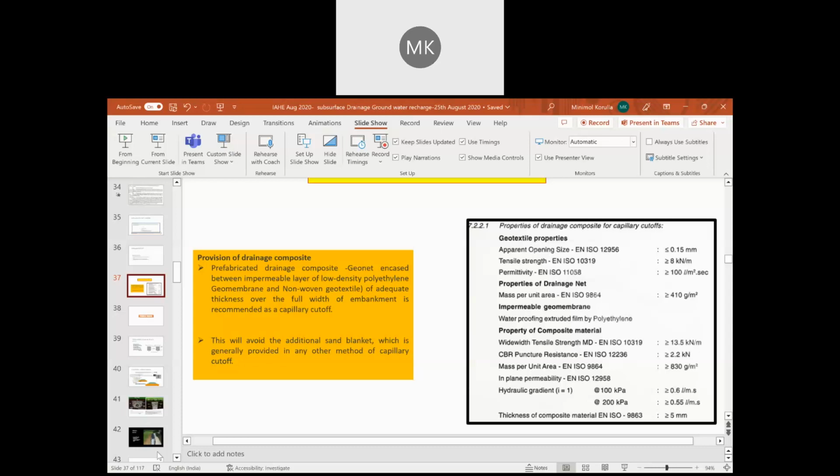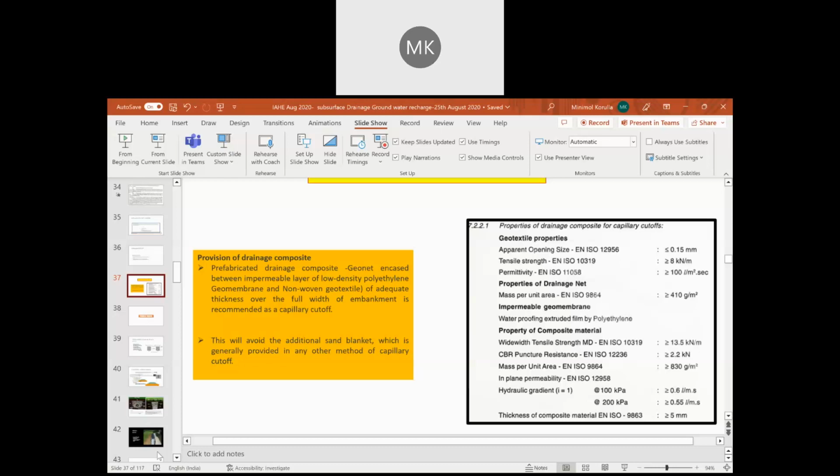And it is the responsibility of the geosynthetic manufacturer or supplier to produce the graph or the table which shows up to what pressure that particular drainage geocomposite can take without any deformation. Okay. So normally for any geosynthetic product, as client representative, you can ask for the technical data sheet.